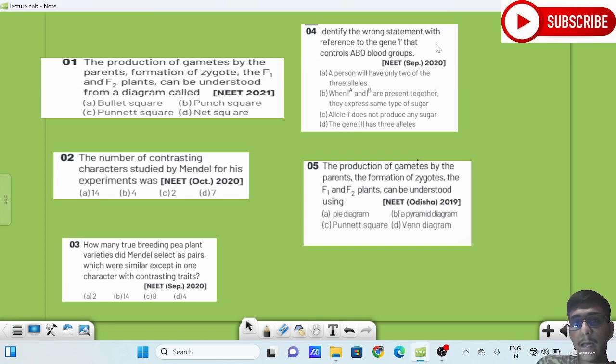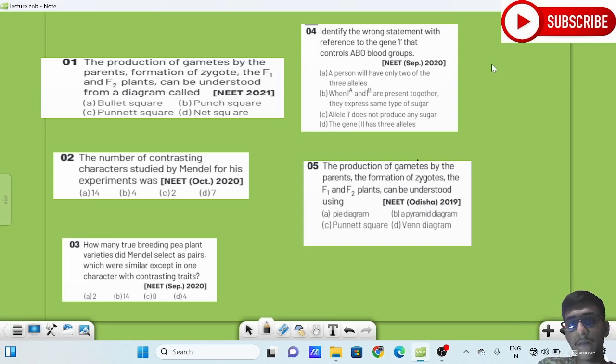In 1917 he did certain experiments, and for that he made a square as a mathematical tool, which is the Punnett square.